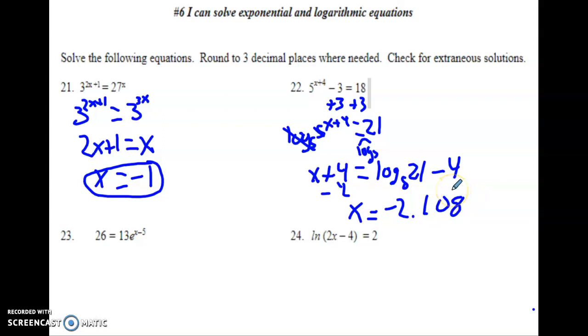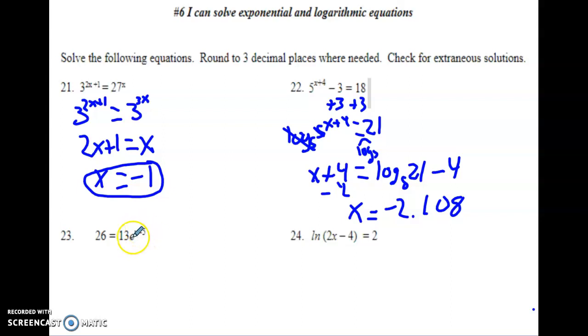And that is my answer. If I put a negative 2.108 in here, it's not going to cause any undefined values, so we'll be fine there.